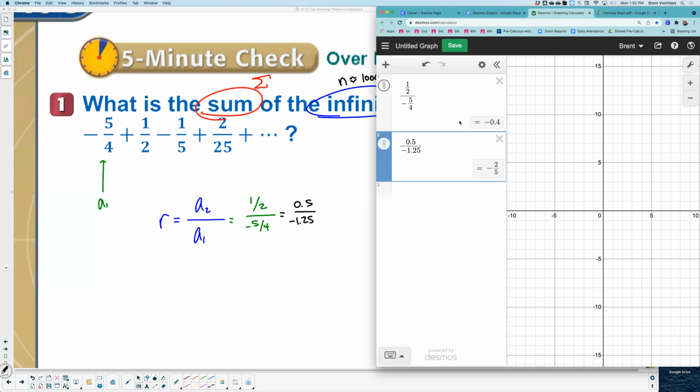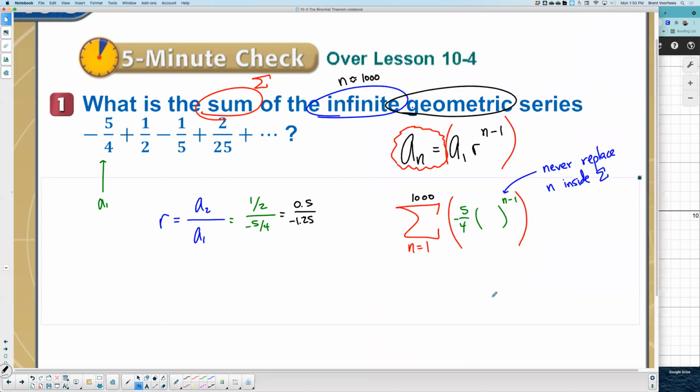What do y'all want to use, decimal or fraction? Decimal. Okay, so we will say that is negative 0.4. Right there. I'll let you get your solution. Pause the video, and you can type this down yourself to figure out what is the sum.